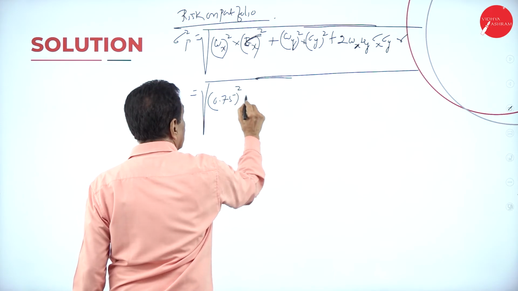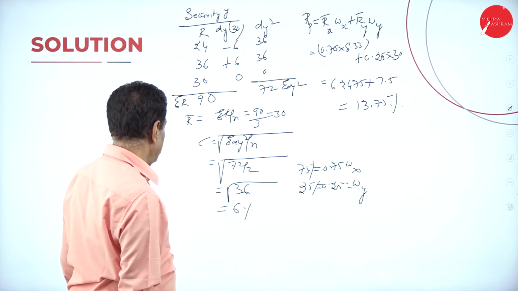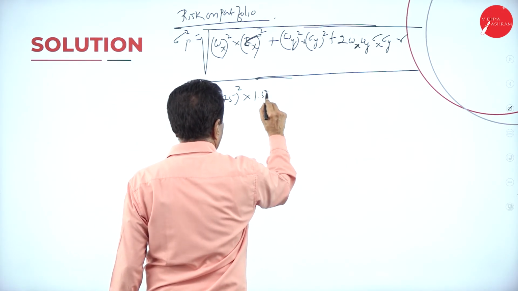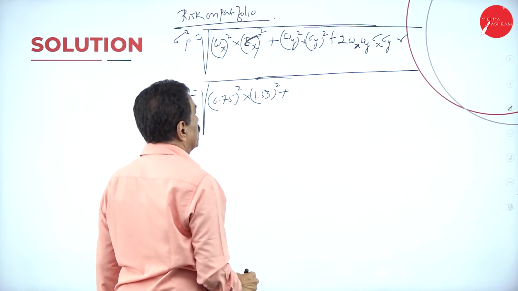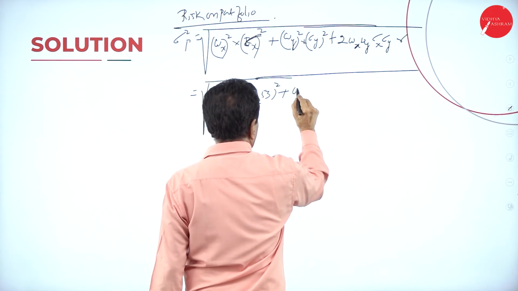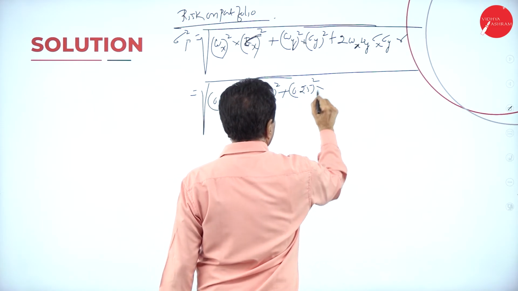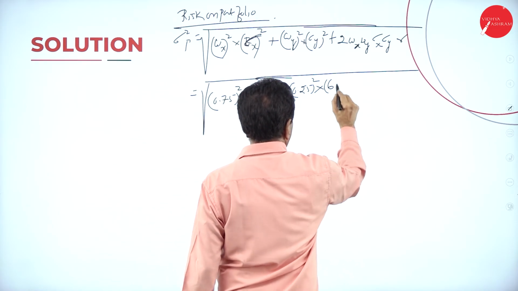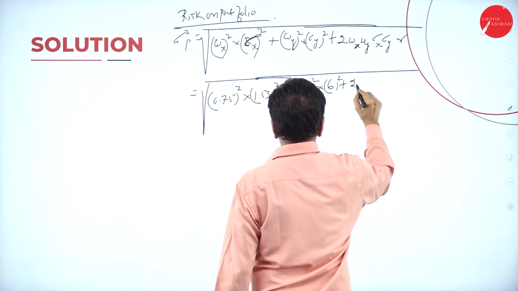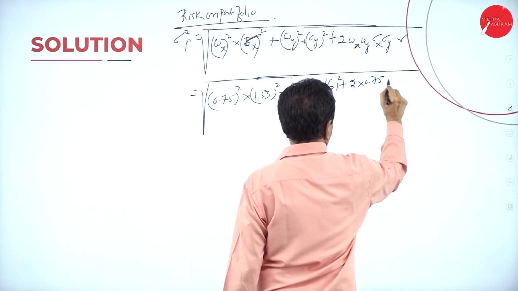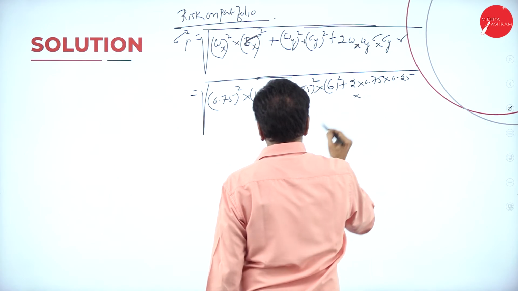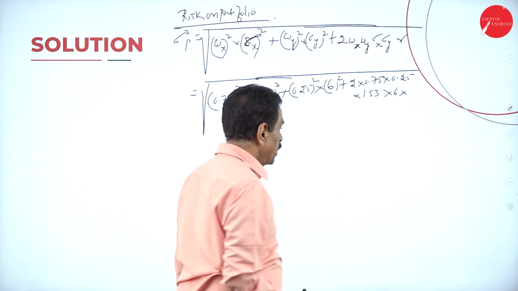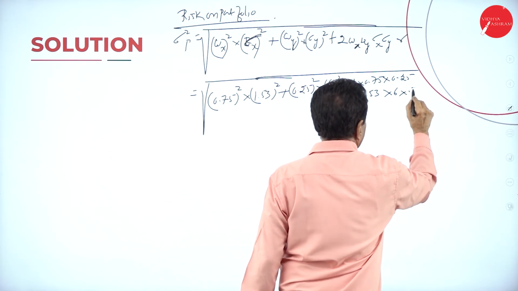0.75 whole square into standard deviation x, 1.53 whole square, plus weightage of y, 0.25 whole square into standard deviation of y, 6 whole square, plus 2 into 0.75 into 0.25 into 1.53 into 6 into R, which is 0.33. See that?